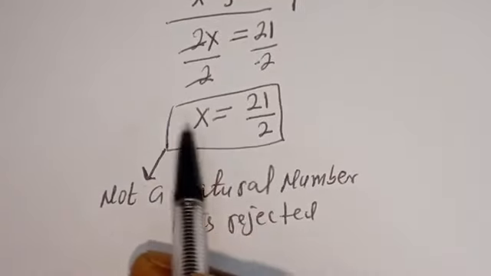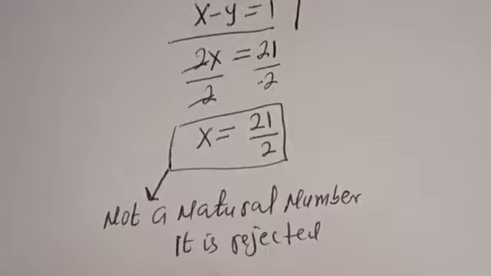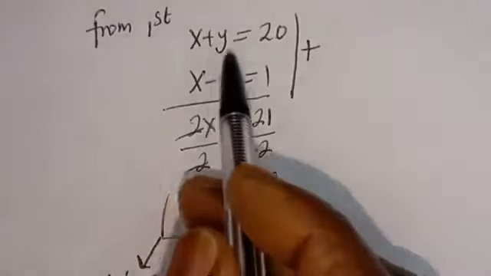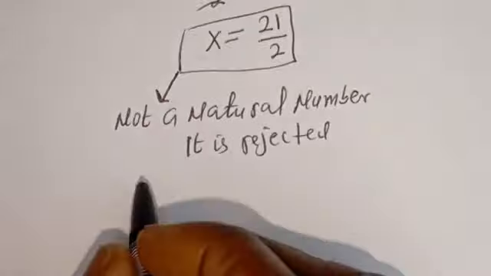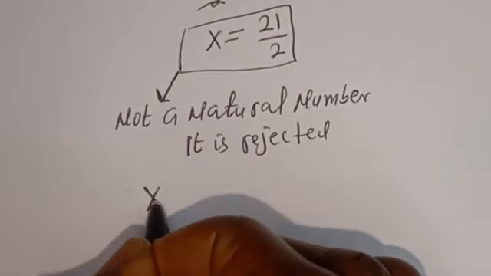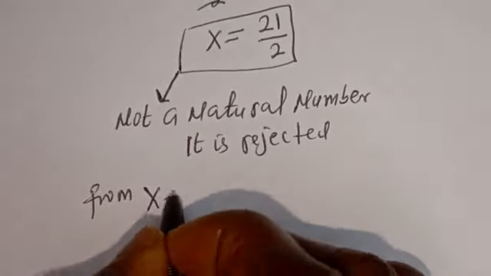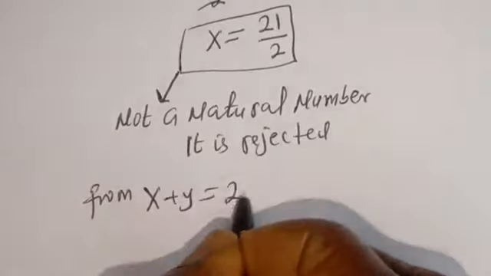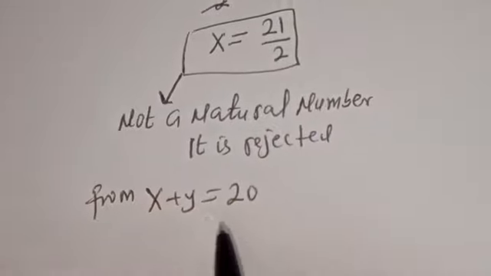Now, let's solve for y using either of these equations, but I'm going to make use of x plus y equal to 20 when x is 21 divided by 2.